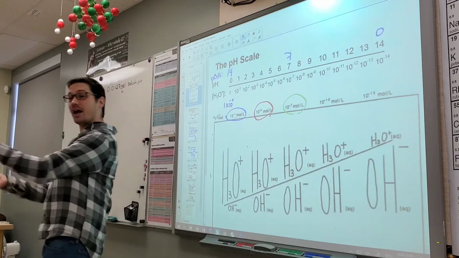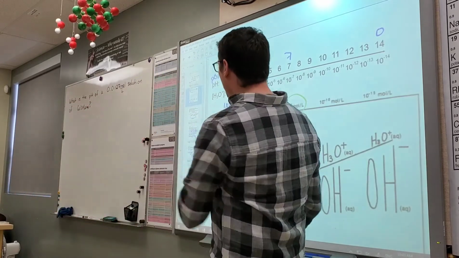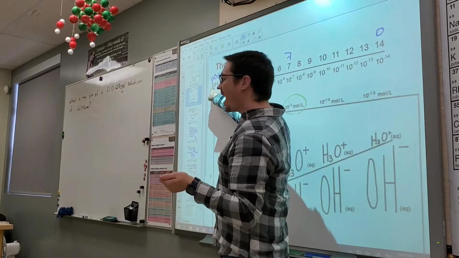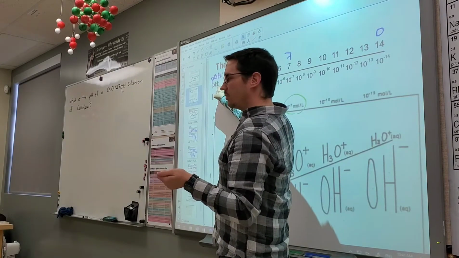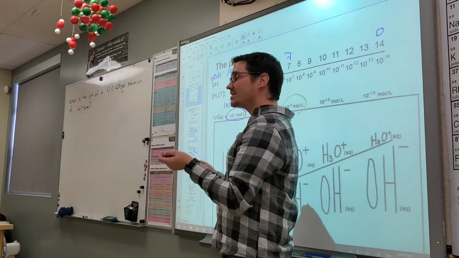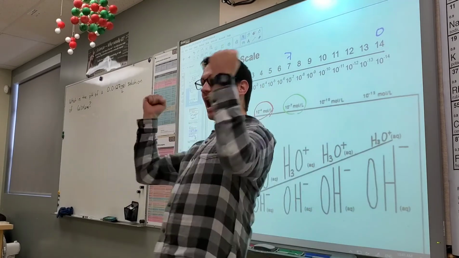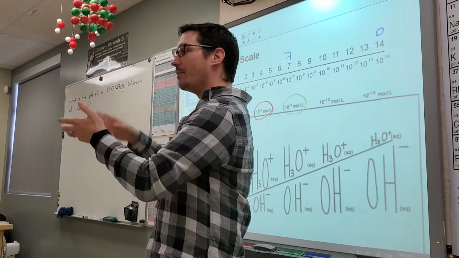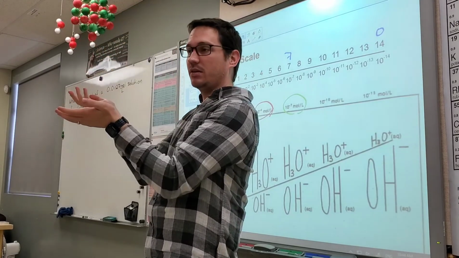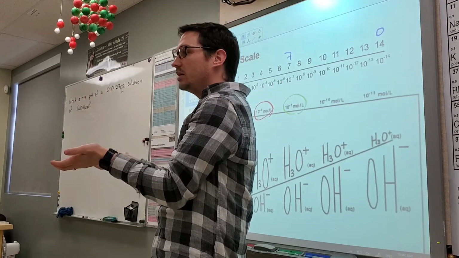Yeah, it's a measure of how basic something is, right? It means, roughly speaking, what is the power of hydronium? What is the power of hydroxide? Now, power doesn't mean like power. It means like a mathematical something raised to the power of something. That's what power means, right?